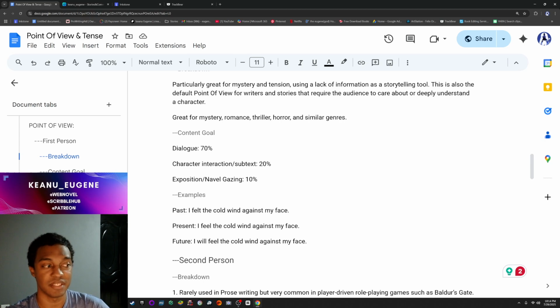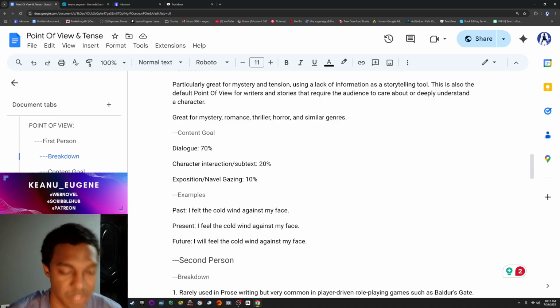And then exposition / navel gazing. Exposition is narrator info dumping, world dumping, explaining stuff that the audience doesn't know and that nobody is seeing at the moment in the scene. And navel gazing is when a character is in their own head and they're like, my life is so sad, I need help, I have no friends, my partner betrayed me, right? All that stuff, where they're just in their own head for a whole 5-10 pages, sometimes.